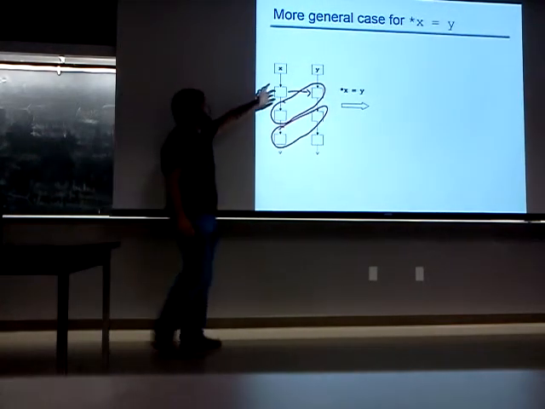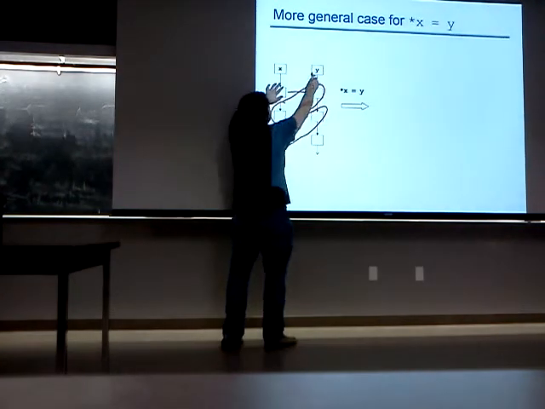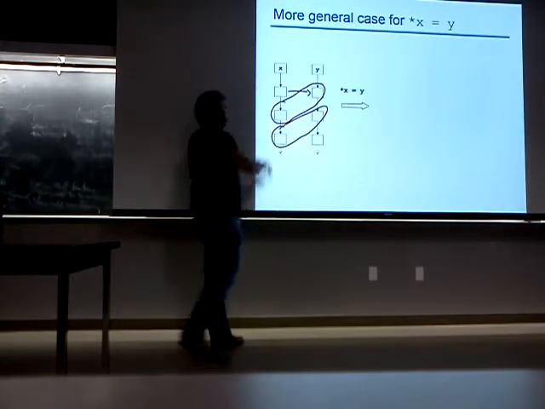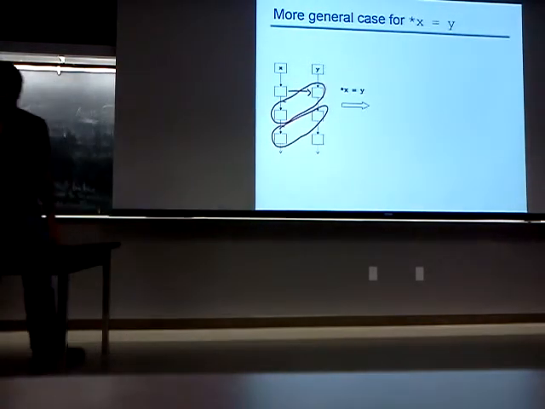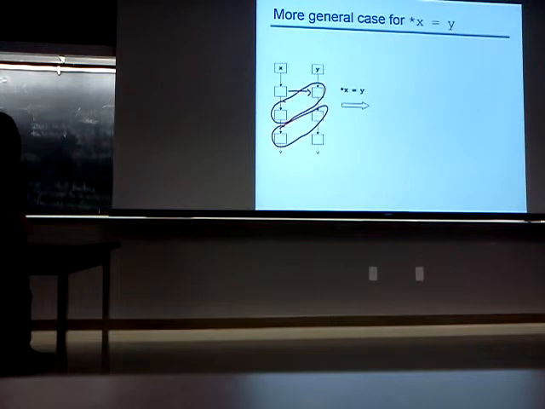If you have star x equal address of y, you would have this point there, and then you have to merge this and that, because this would point to two different things. So x and y both point this way. X and y are both pointers, yes, in this case.